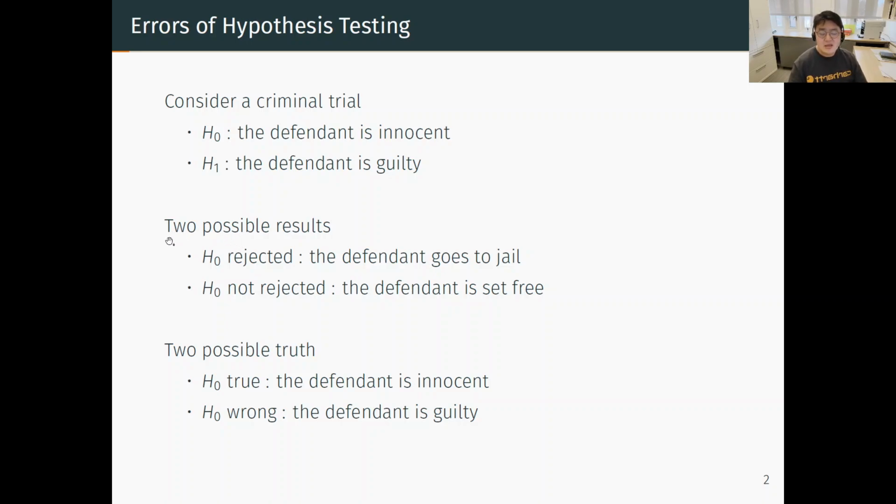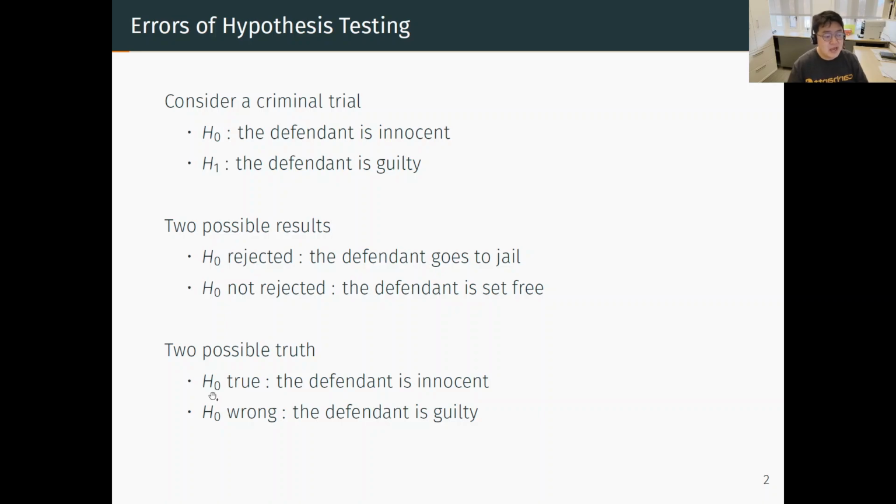Right. So in this case, there are only two possible results. If the null hypothesis is rejected, that means the defendant has to go to prison. If the null hypothesis was not rejected, then the defendant will be set free. So this is a basic, simple yes or no decision, but the result may be different from the truth, right? The truth can be either innocence or guiltiness.